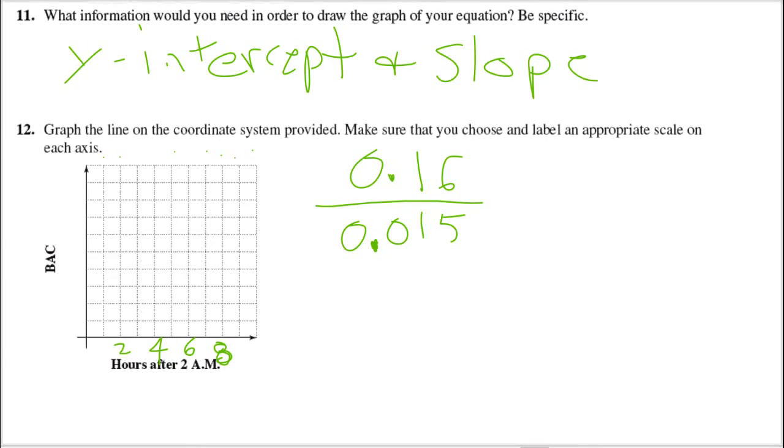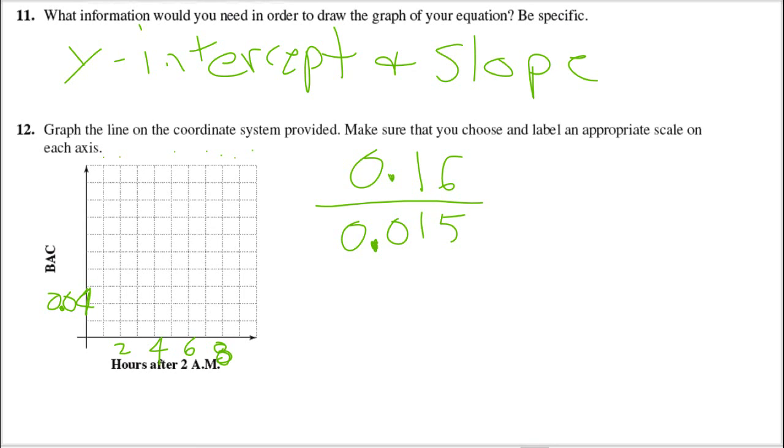That's actually going to make the graph smaller than it needs to be, but it's going to be easy numbers to work with. So the first line is 0.02.